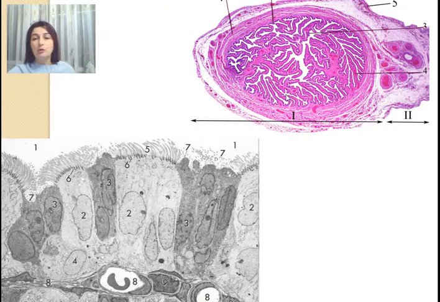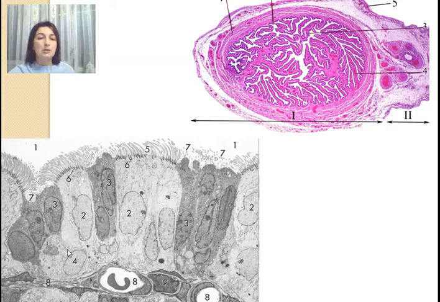Uterine tubes, or fallopian tubes, in the cross section we are looking at here, are covered by tunica mucosa, then muscularis, and the outer one will be the serous layer. In the uterine tubes, like in the uterus, the epithelium will be simple columnar.